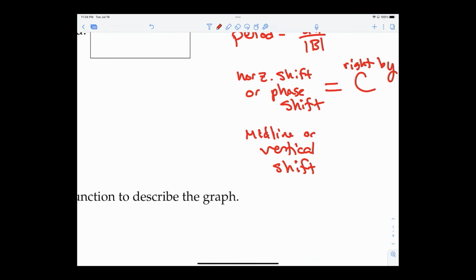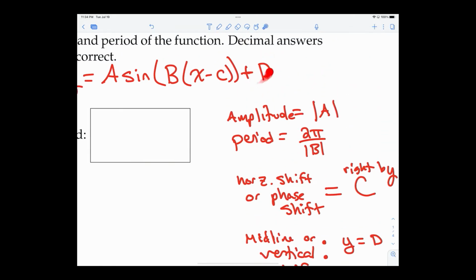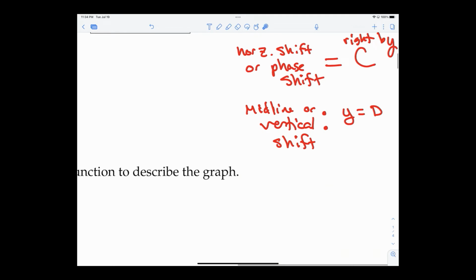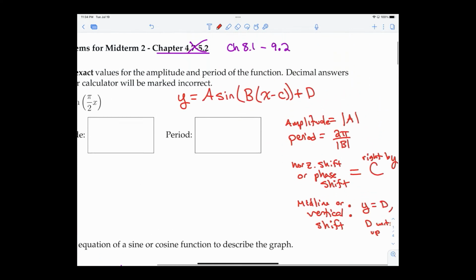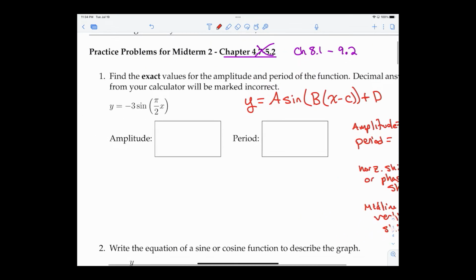If you're asking about the midline, it's y equals d, whatever this number is at the end. If you're asking what is the vertical shift, you would say d units up. So those are all the things they can ask you, and we'll just go ahead and do them for this problem.